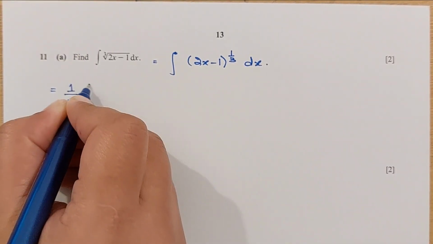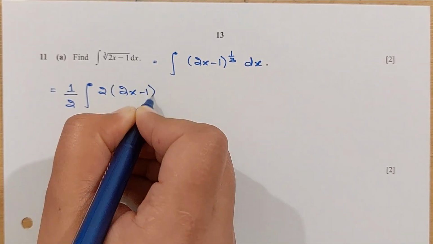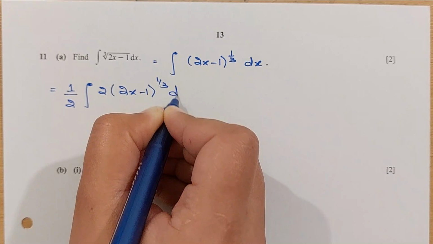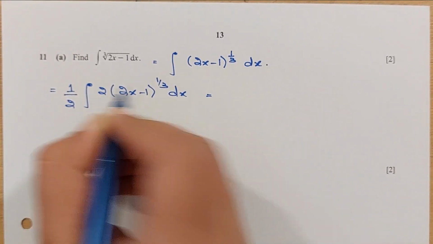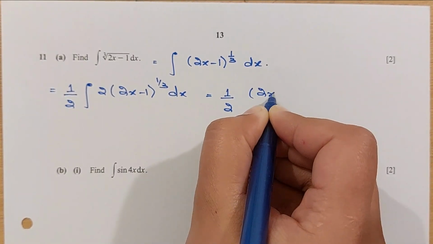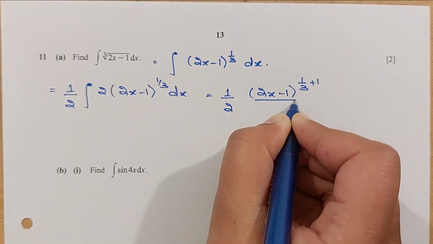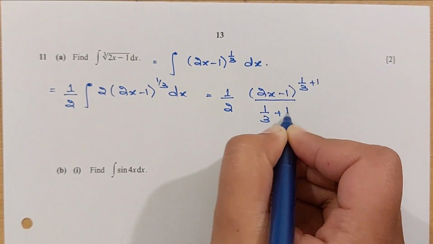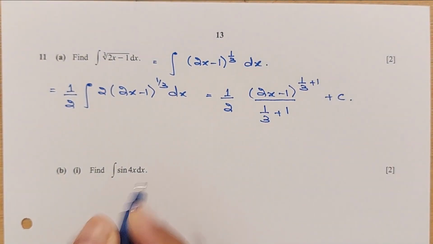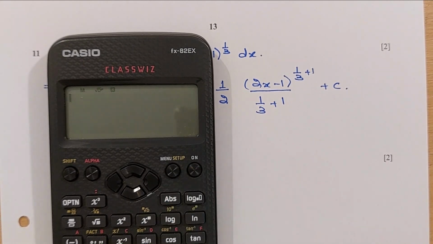So 1 by 2 integrate (2x minus 1) power 1 by 3 dx, right? Now the derivative is completed. So we have 1 by 2, and by the power rule, (2x minus 1) power 1 by 3 plus 1, divided by 1 by 3 plus 1, plus some constant of integration, because this is an indefinite integral. Let me simplify. 1 by 3 plus 1 is 4 by 3.